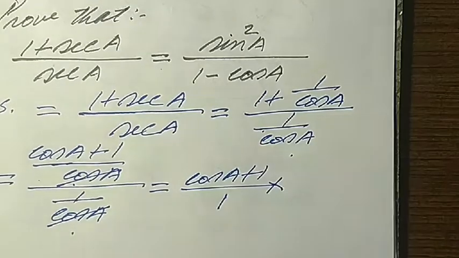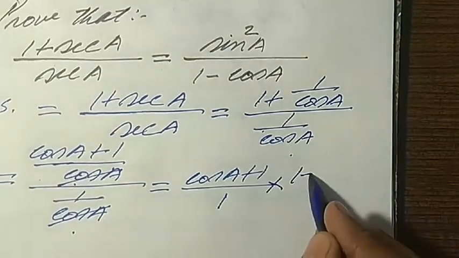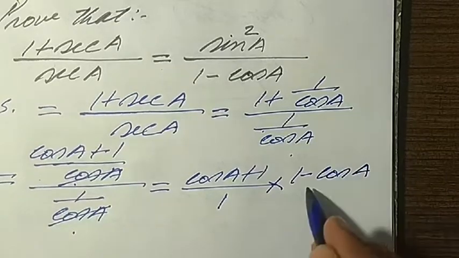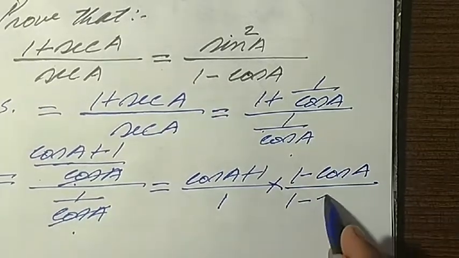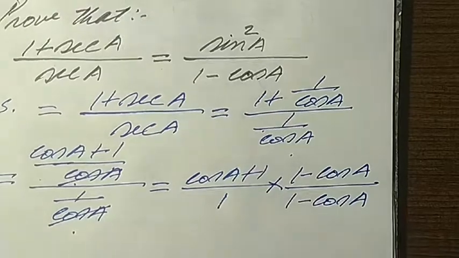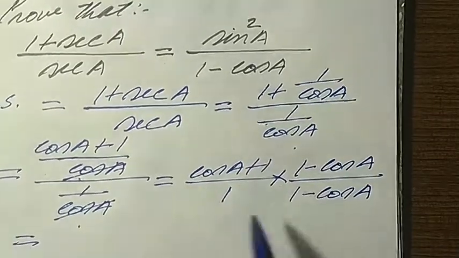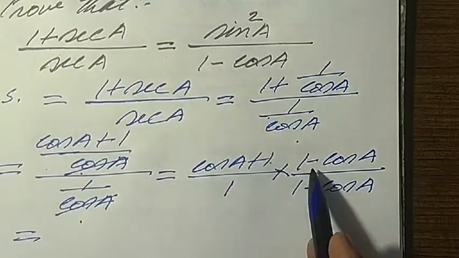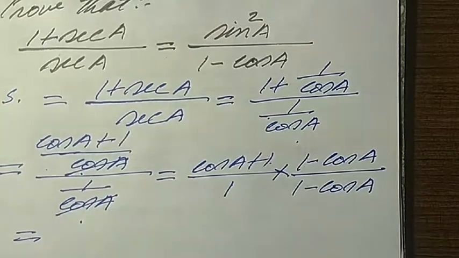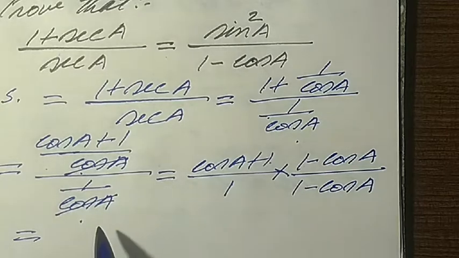Now multiplying numerator and denominator by 1 minus cos A. Obviously in the numerator we have 1 plus cos A into 1 minus cos A, which is identical to A minus B, A plus B, which is equal to A square minus B square.